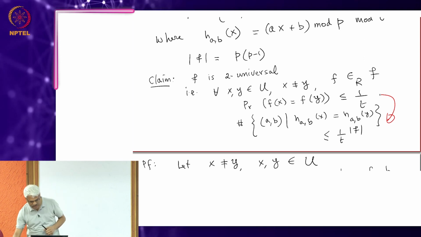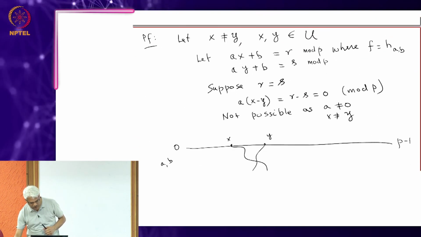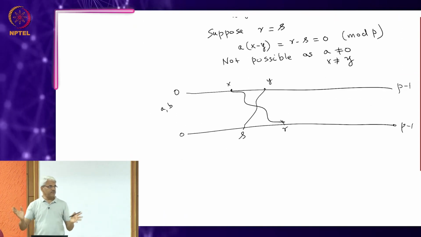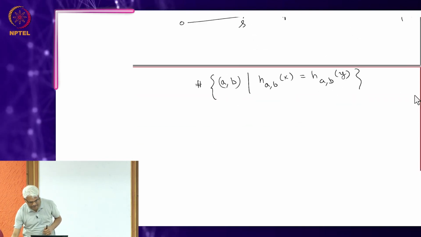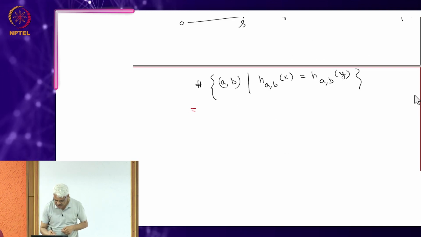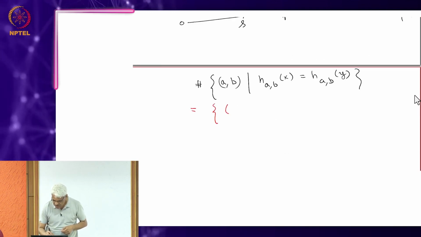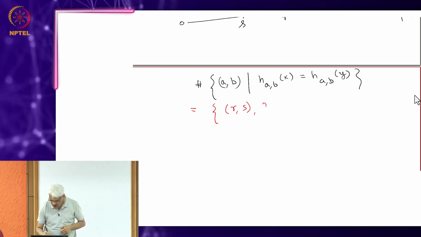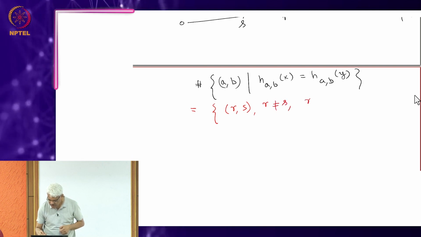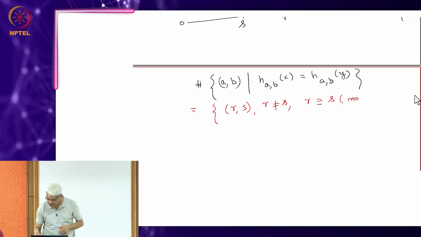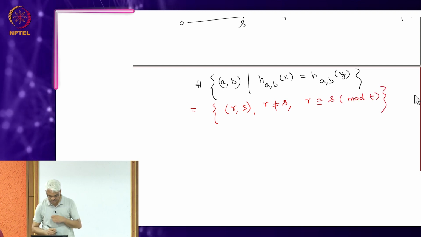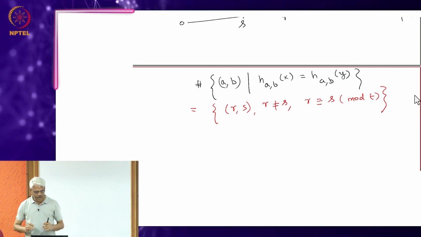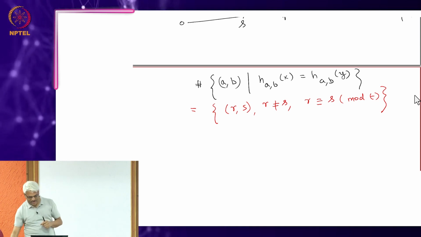Okay. So, what I have shown is that in the mod p world, your x and y are not going to go to the same place, but in the mod t world, of course, they may go to the same place. Okay. So, let us see, I am going to write this as the number of pairs r comma s, where r and s are different, but they are the same mod t. I may be confusing, but it's not a very difficult thing at all.